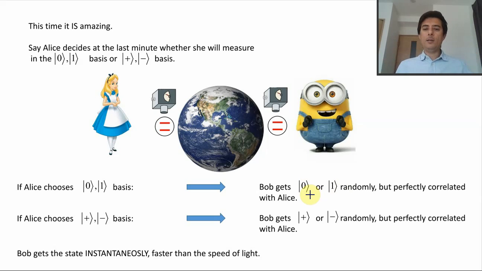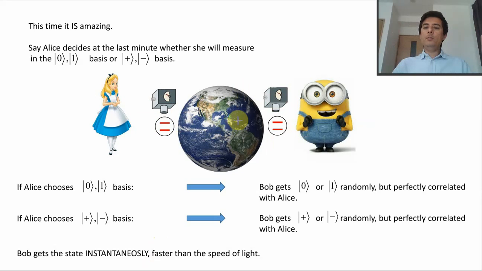influencing Bob's outcomes in some way, right? And moreover, this is actually happening instantaneously. The reason I said she does this at the last minute is that Bob actually receives this state as soon as Alice does her measurement, right?